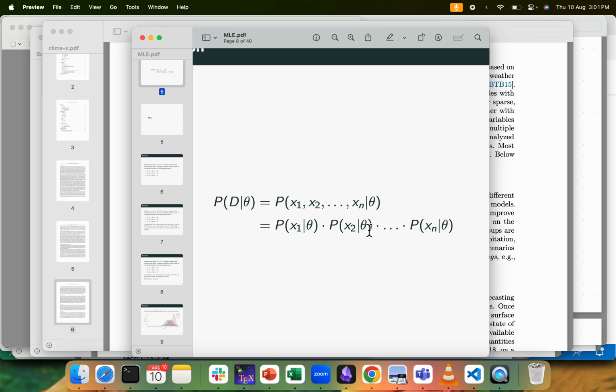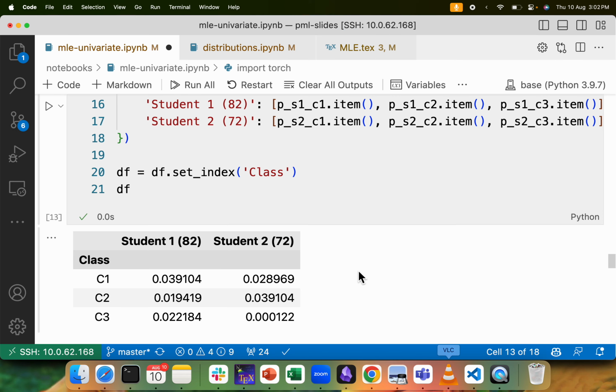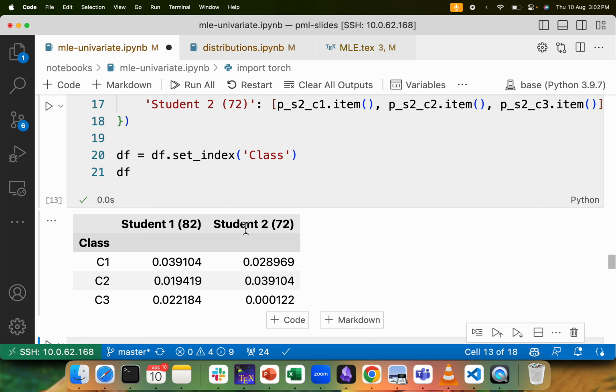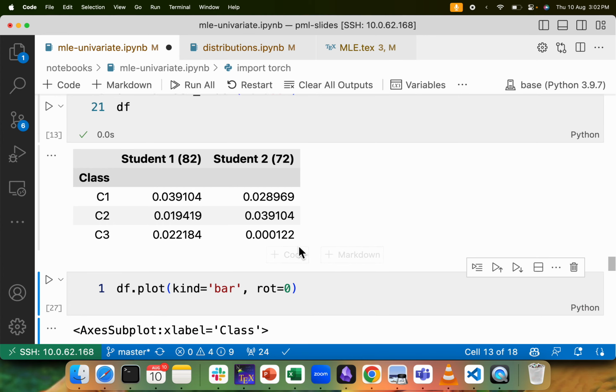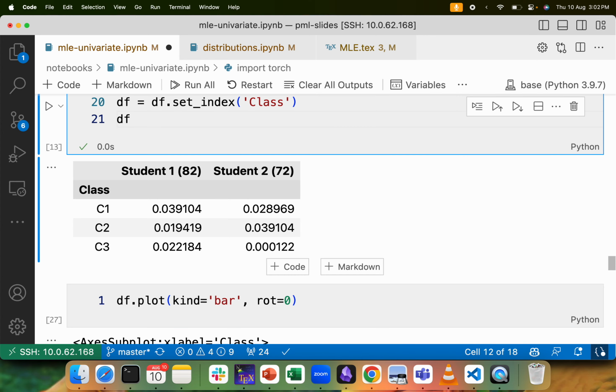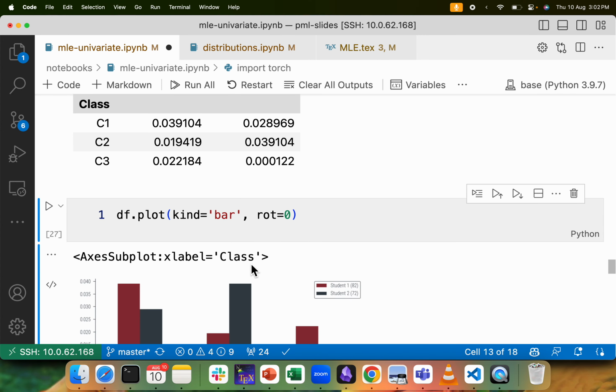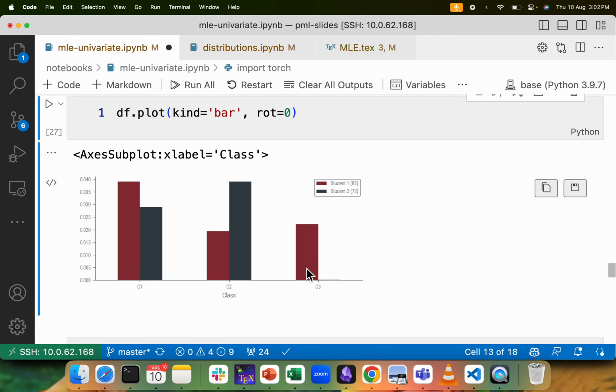So now if you see, the IID assumption is helping us, otherwise this would have been a very hard problem to solve if we didn't make this assumption. Coming back, student 1 getting 82, student 2 getting 72, can we say that's just the product across the columns? So this is just the individual terms.